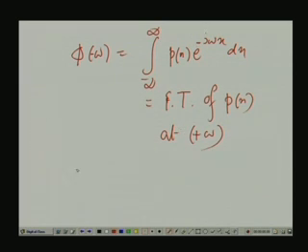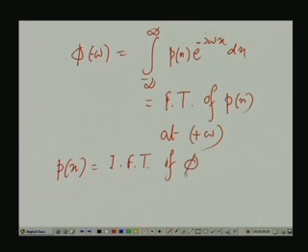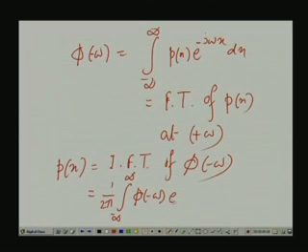Okay. So, that means what is p_x? It is the inverse Fourier transform of phi of minus omega. So, p_x is the IFT, inverse Fourier transform of phi of minus omega, which is nothing but 1 by 2 pi times the integral of phi of minus omega e to the power j omega x d omega.